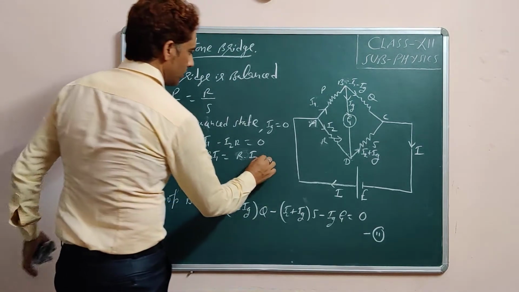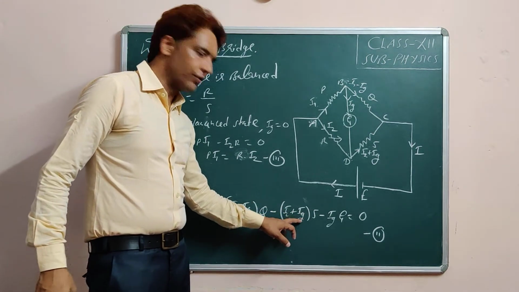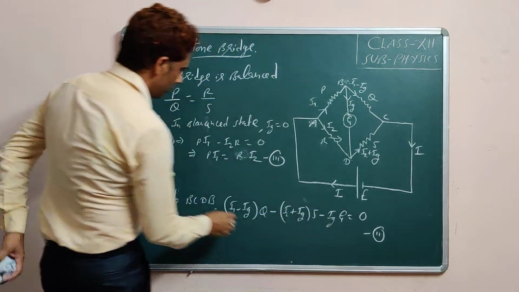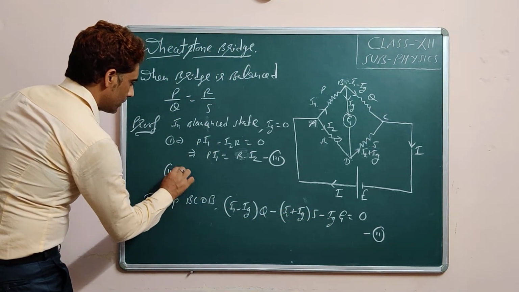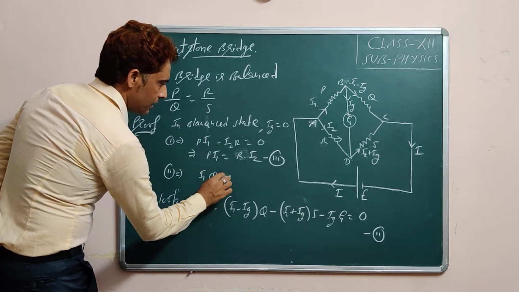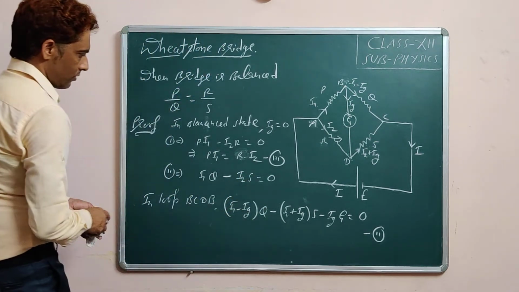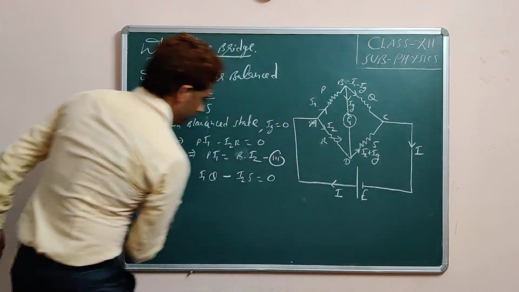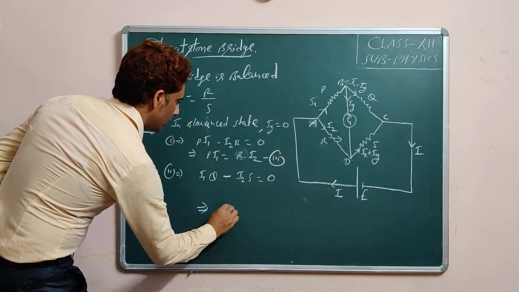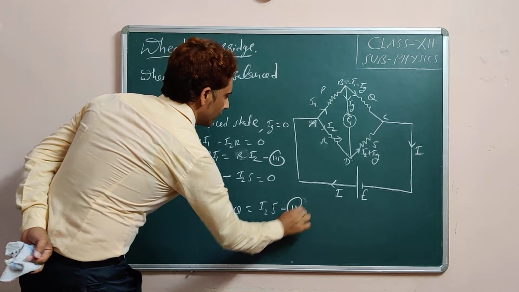Similarly, we will put Ig equal to 0 in the second equation. So second implies I1 into Q minus I2 into S equal to 0, or this implies I1 Q is equal to I2 into S, that will be 4.